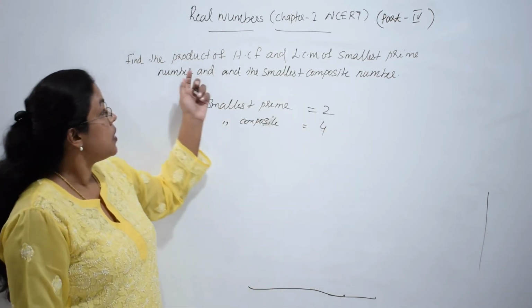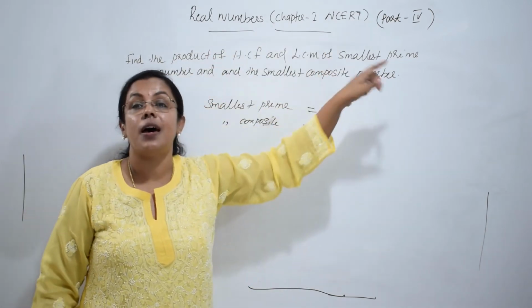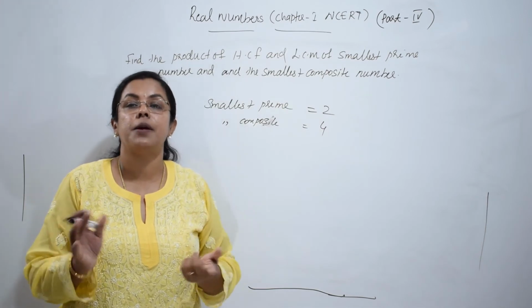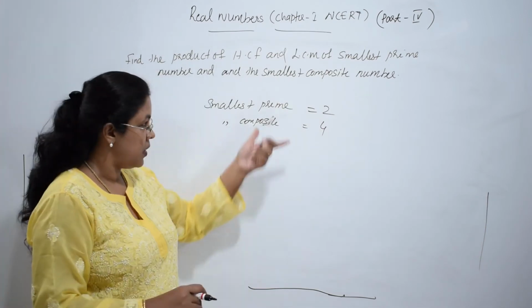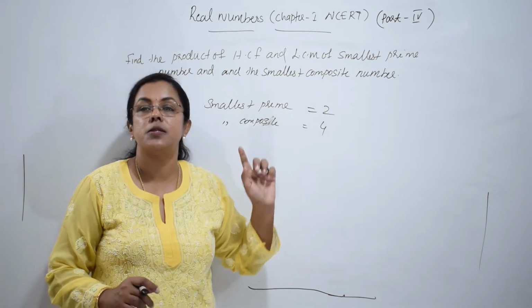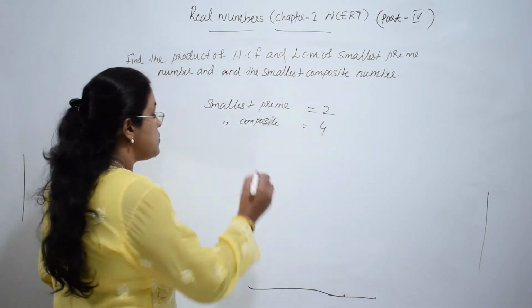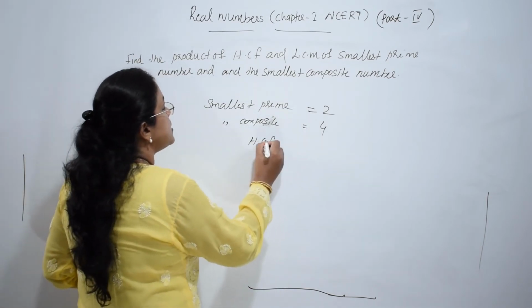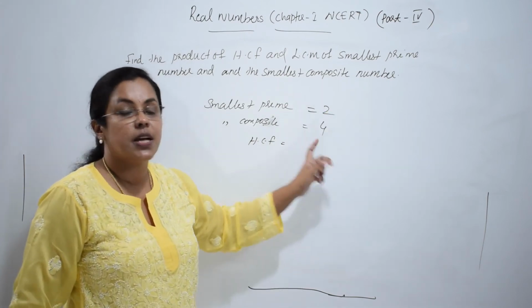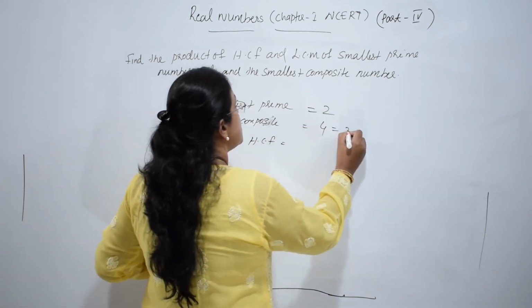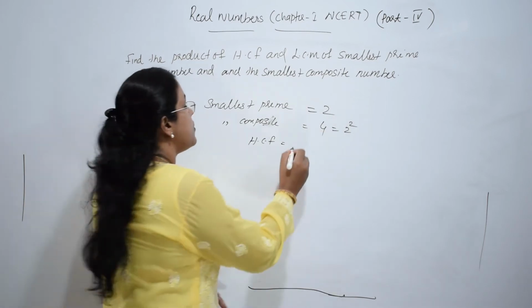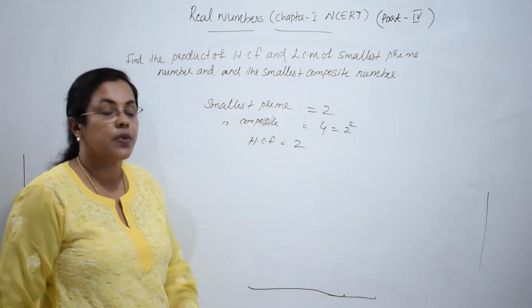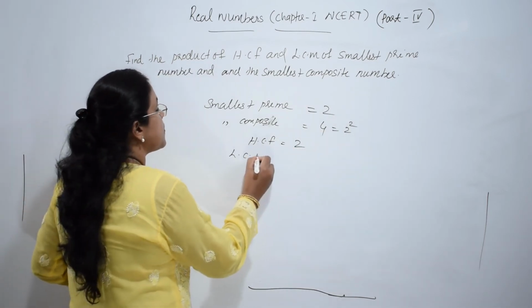What is the question? Find the product of HCF and LCM of the smallest prime number and the smallest composite number. We have to find their HCF and LCM first. This is 2, this is 2 square. HCF is equal to 2. And what about their LCM?